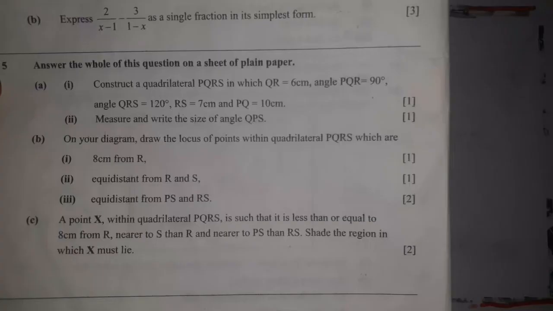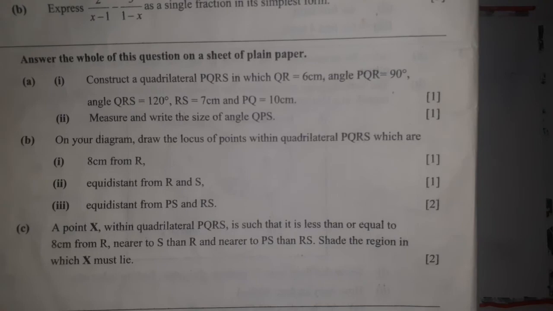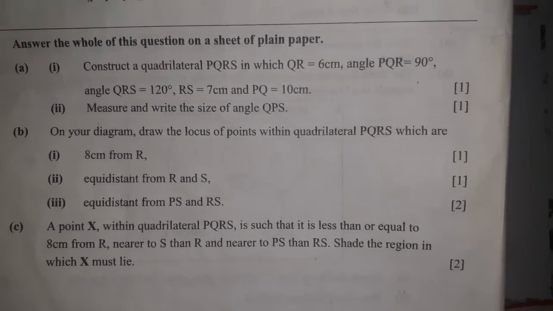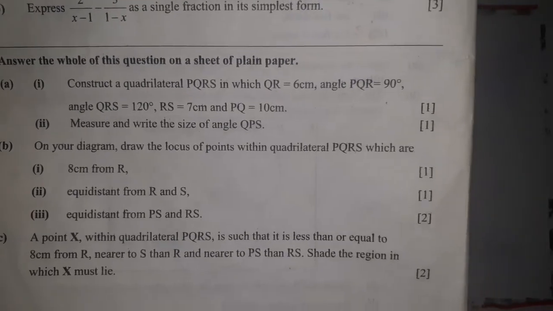So we're going to give you three questions that you are going to do under this. They may be different, but please make sure you do them. These are the questions that I want you to do. This is the sixth and last lesson of this topic.